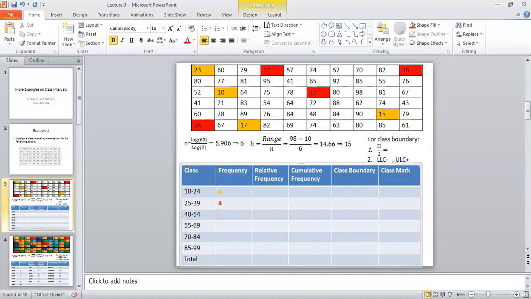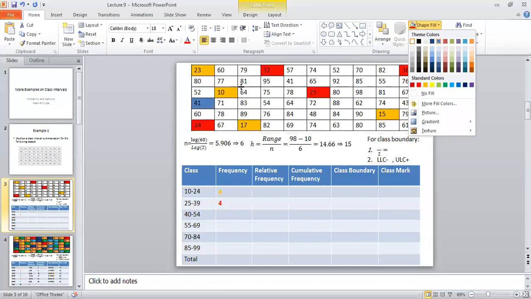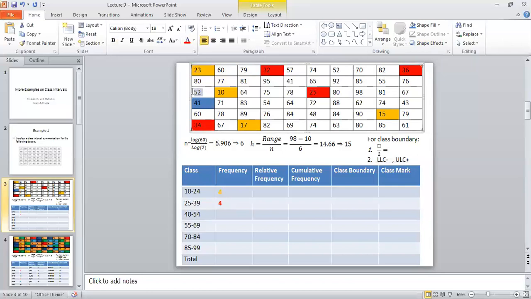We move on to the third class, 40 to 54. So 40 to 54, we have got one value over here, and there's one as well which I can see which we missed. So 52 as well is part of this class. All right, 40 to 54 is our interval.